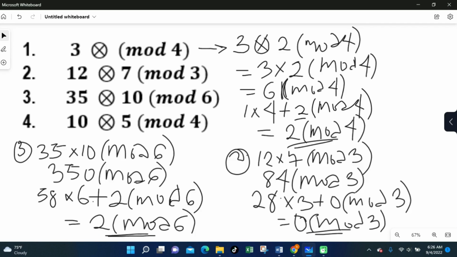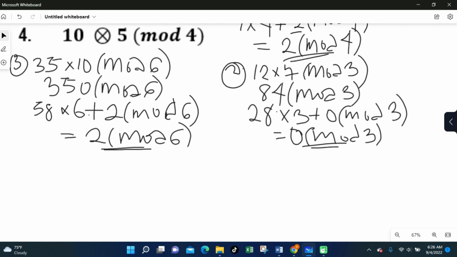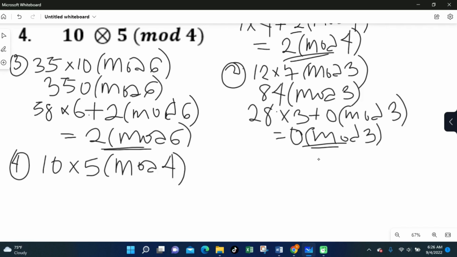Now let's look at the final question, question number 4. We are asked to go about solving 10 times 5 in mod 4.